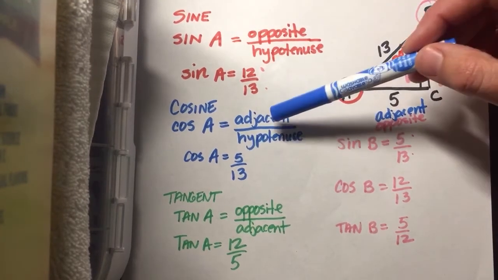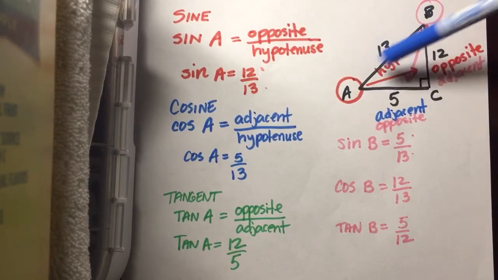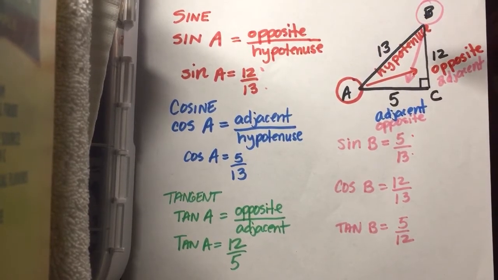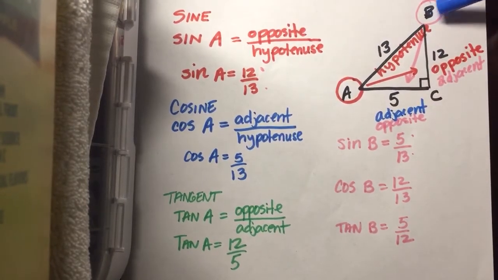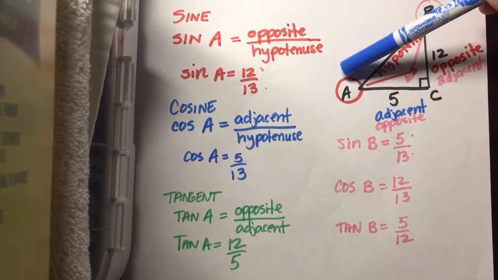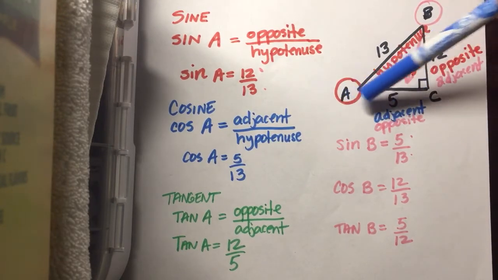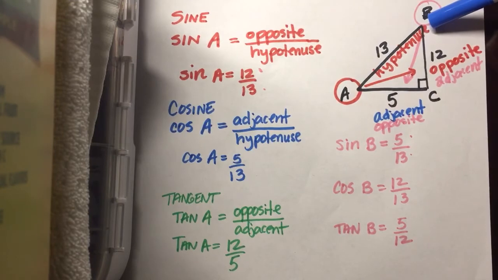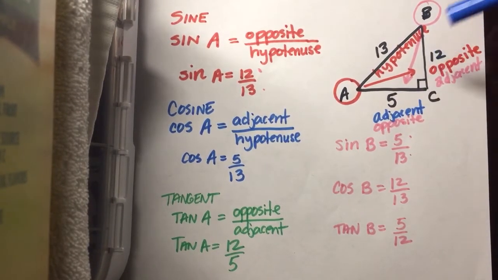So every time you see the word hypotenuse, it is always going to be the same length, because in a right triangle, the hypotenuse is always the hypotenuse. For the adjacent and opposite sides, it just depends on which angle you're looking at. If I'm looking at angle A, I have opposite here and adjacent here next to it. If I'm looking at angle B, I have opposite here and adjacent next to it.